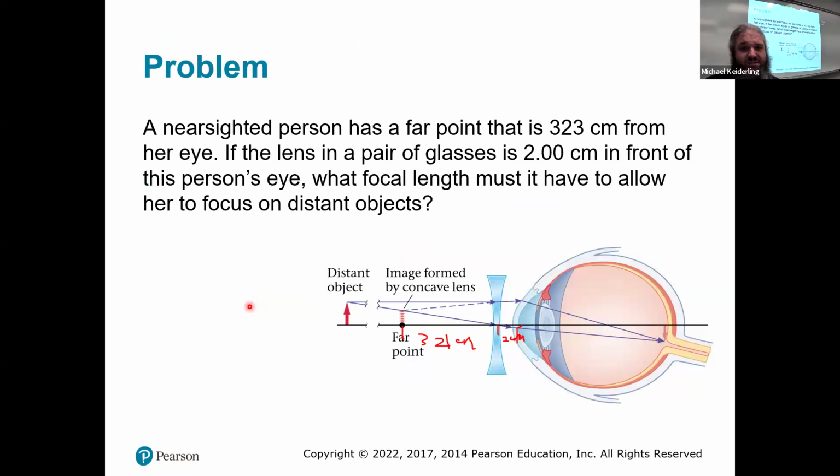So here, you have a nearsighted person. They have a far point that's 232 centimeters from their eye. If the lens in a pair of glasses is 2 centimeters in front of this person's eye, what focal length must it have to allow her to focus on distant objects? So we want to successfully form an image on the back of the eye.